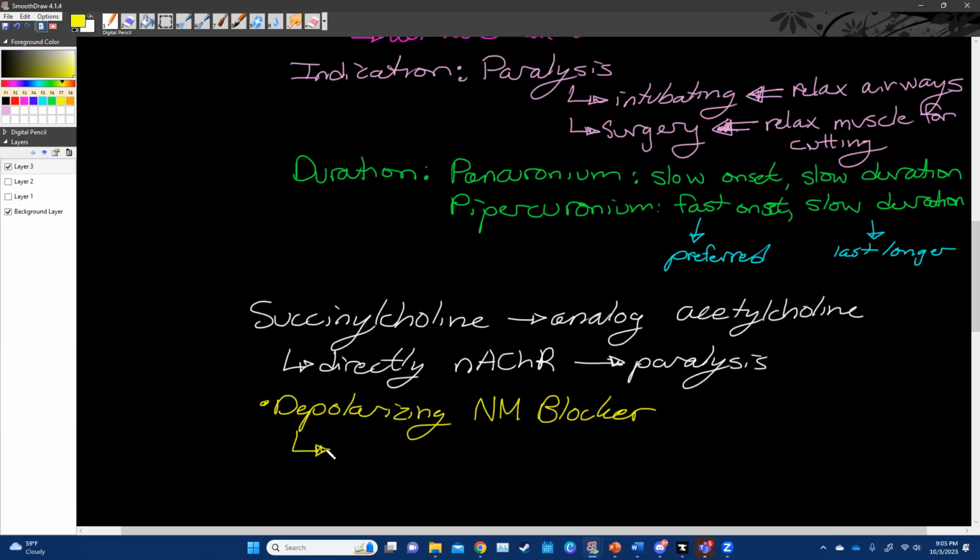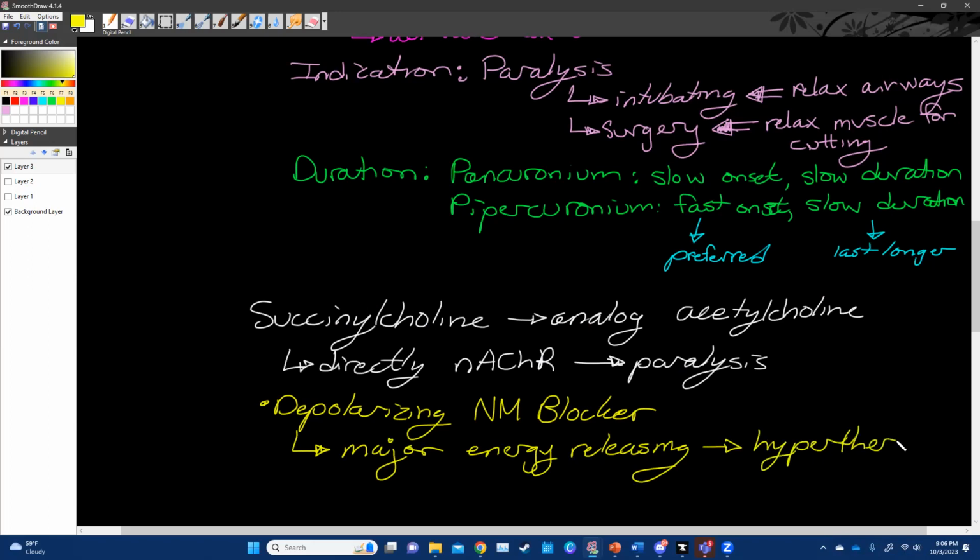One of the effects that happens with succinylcholine is that you end up getting a major energy release from all of that muscle seizing, which ends up producing a malignant hyperthermia. So we're talking about temperatures above 106 degrees Fahrenheit. Very bad.